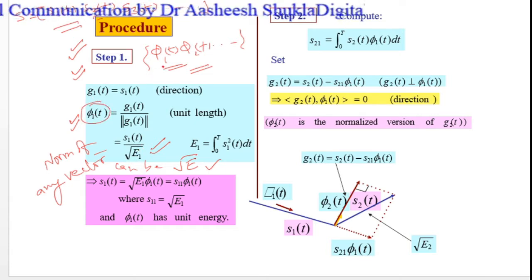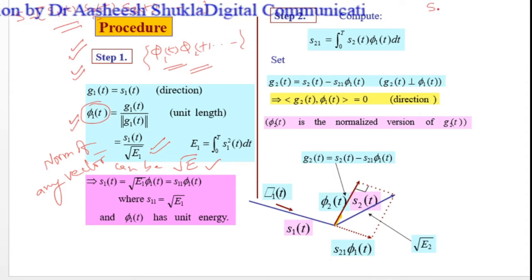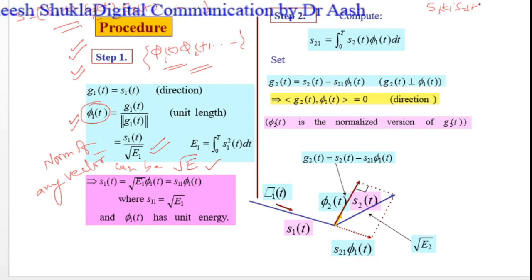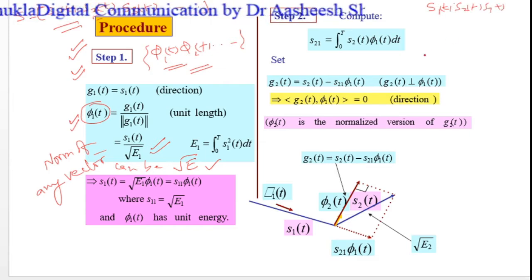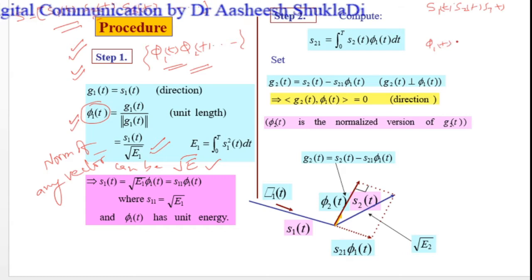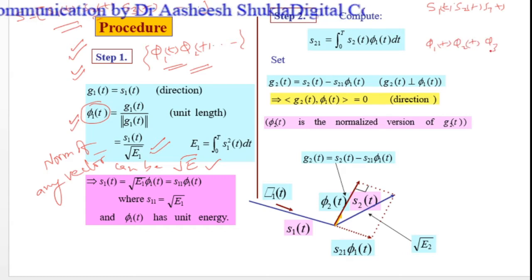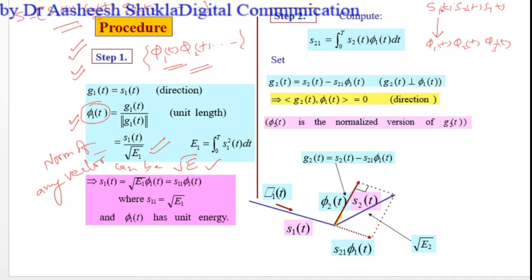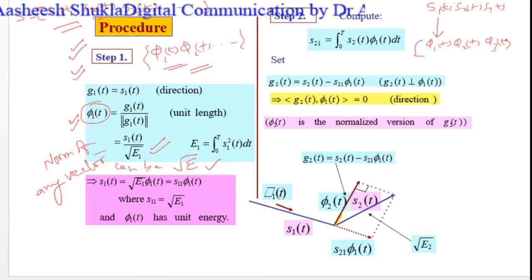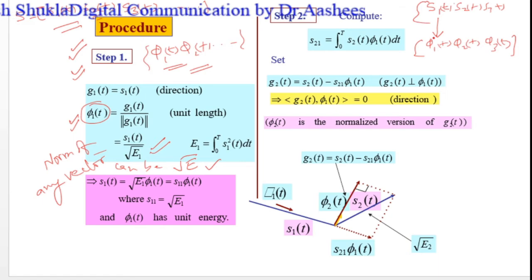So we can say that now phi 1(t) has been calculated. Here we can write down, for example, S1(t), S2(t), S3(t), and here we have phi 1(t), phi 2(t), phi 3(t), right? So for example, we can make an arrow showing that we have calculated S1(t) with the help of phi 1(t), right?